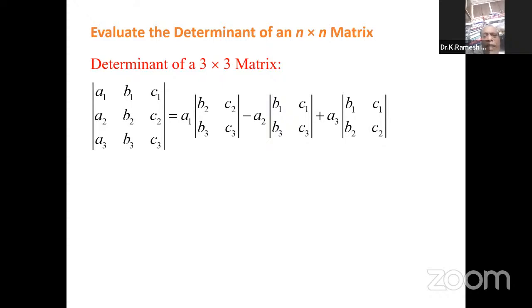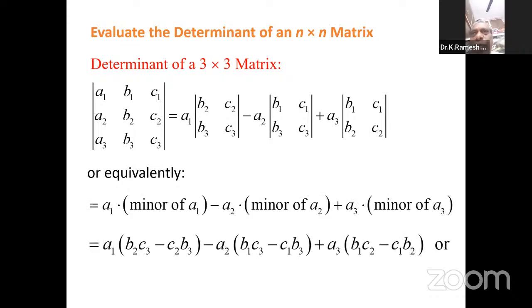Determinant of a 3 by 3 matrix, and this is according to Laplace method of expansion. First, we'll take the first element, that is A1. If A1, B1, C1, A2, B2, C2, A3, B3, C3 are the elements, then determinant of this matrix is equal to A1 into B2 into C3 minus C2 into B3.